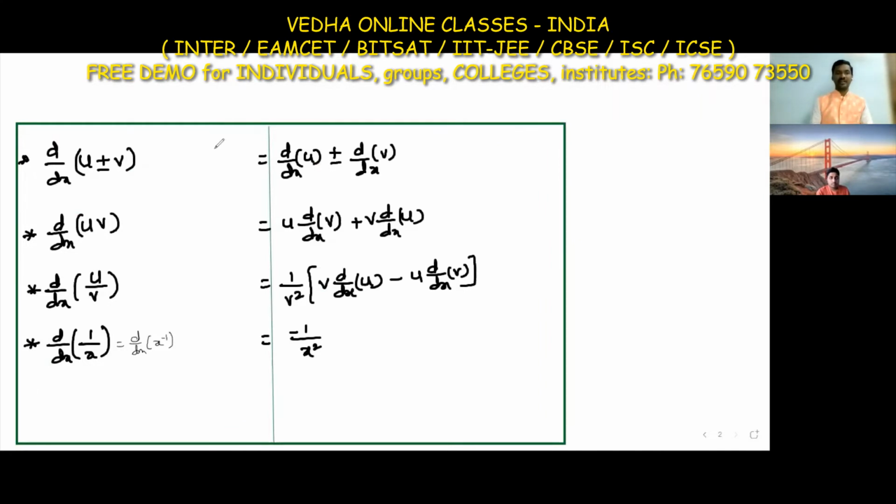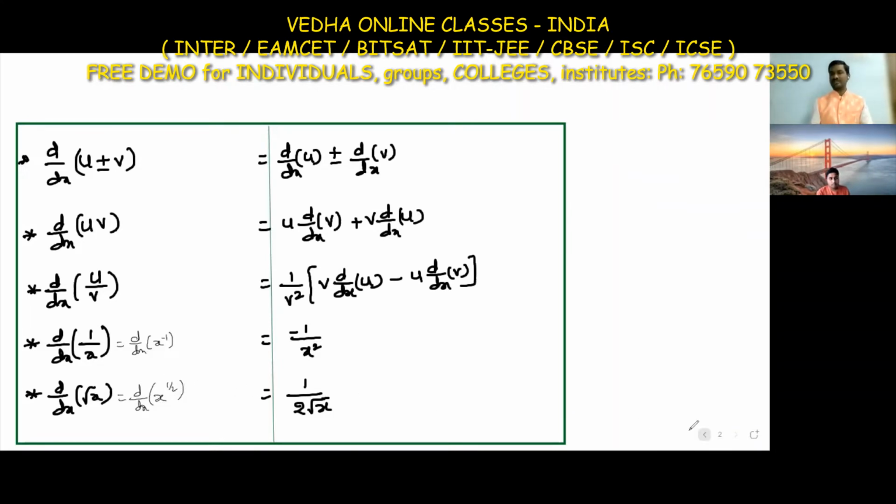Like that, we can also write the formula for d by dx of root x: 1 divided by 2 root x. We use this frequently. This is also a derived formula. We can write root x as x to the power 1 by 2.